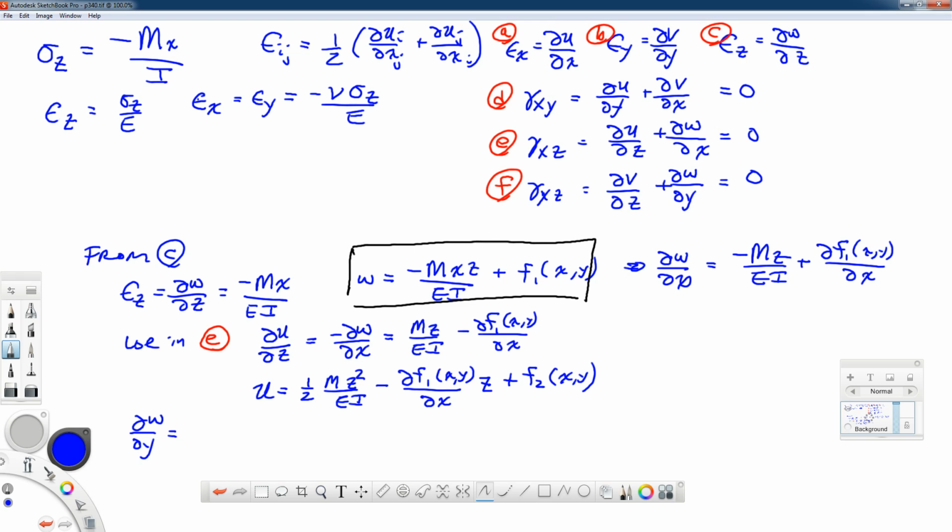That first term goes away, and then we have the partial derivative of f1, which is a function of x and y, with respect to y. Let me make a little bit of room.